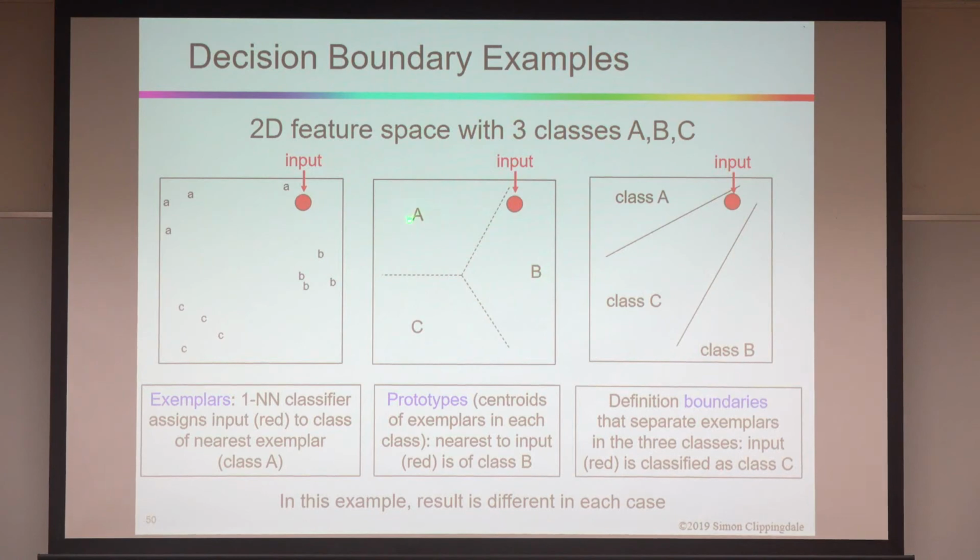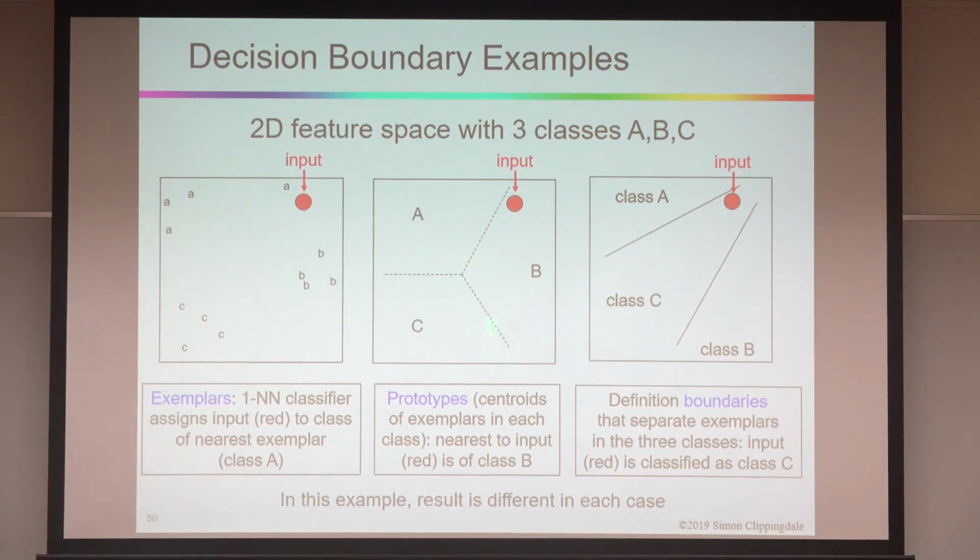In this case, big A here is the centroid, the center of gravity of these 4 A's up here. This big B is the centroid of these B's. This C is the centroid of these C's here. And if you put a line centrally between each of these centroids, you get a split of the space like that.